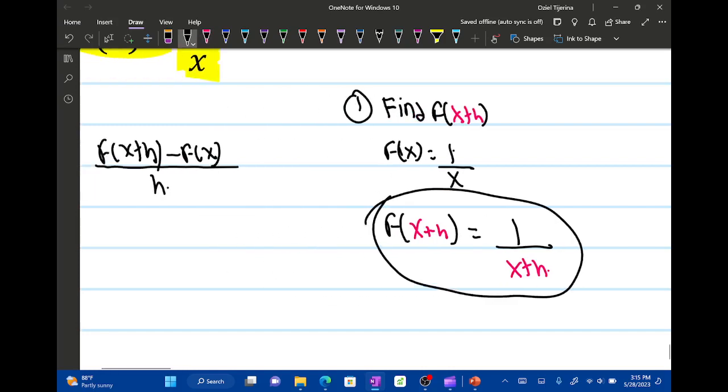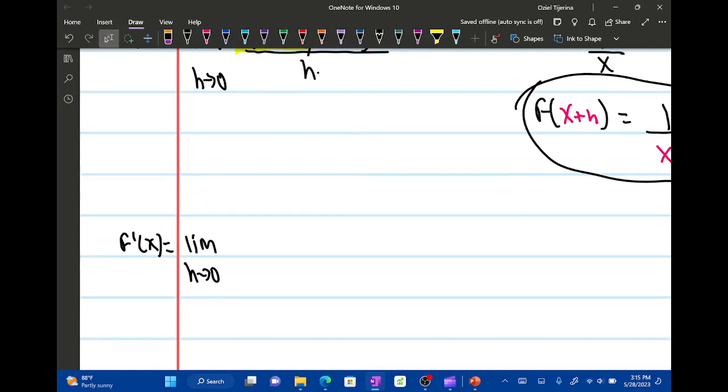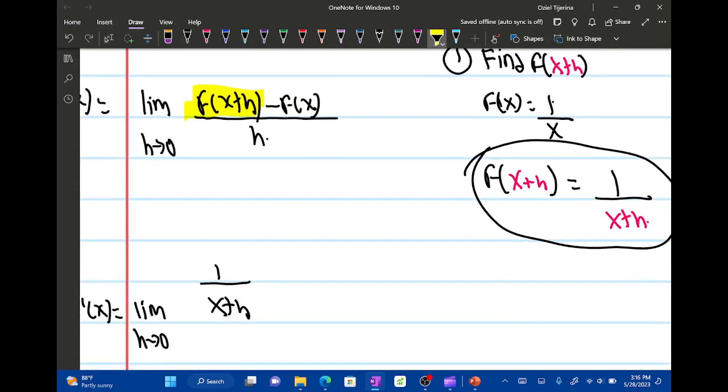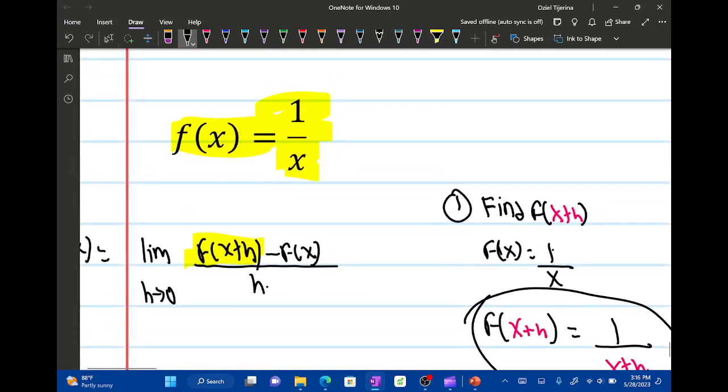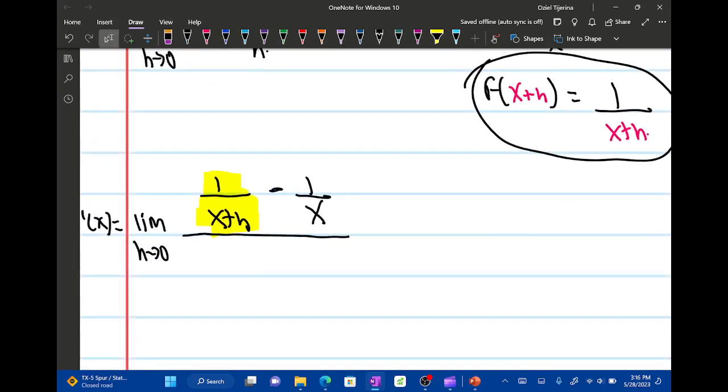When I write it over here, f prime of x is equal to the limit as h approaches 0 of the quantity 1 over x plus h, and then minus f of x, our original function, 1 over x. So it's minus 1 over x, and then all over h, right?